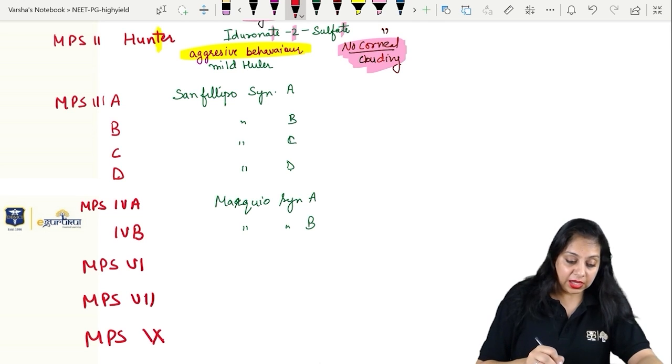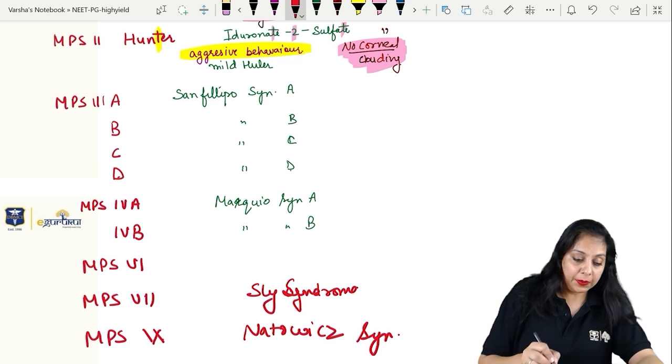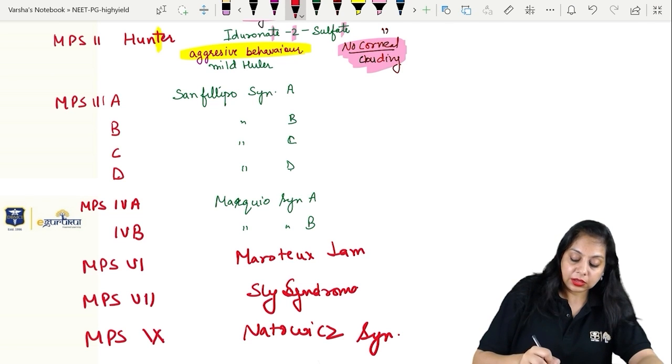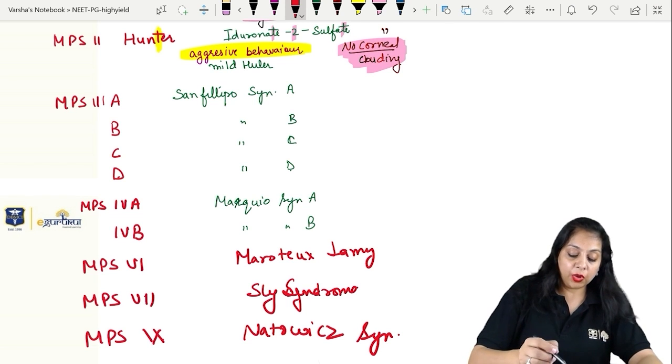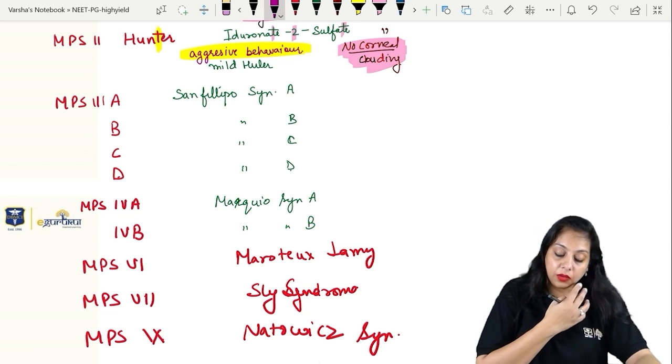MPS 9 is Natowicz syndrome. MPS 7 is Sly syndrome. MPS 6 is Maroteaux-Lamy. Depending upon various countries, you pronounce it differently, so you can pronounce it the way you want to pronounce.